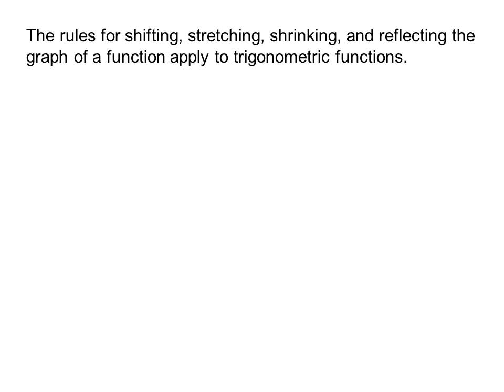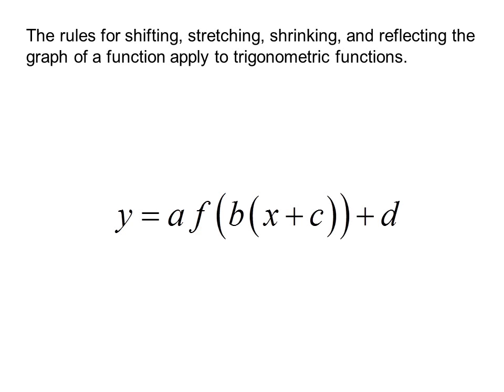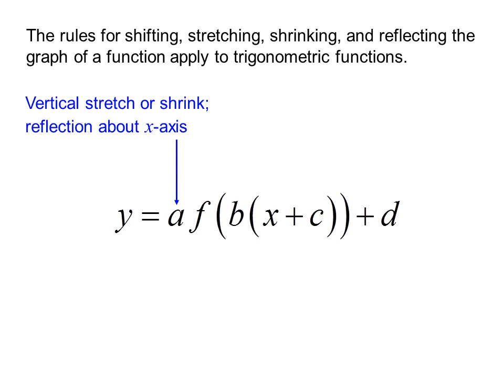The rules for shifting, stretching, shrinking, and reflecting the graph of a function apply to trigonometric functions. We looked at this standard form earlier. Remember, the A in the front causes a vertical stretch or shrink, or reflection about the x-axis if A is negative.